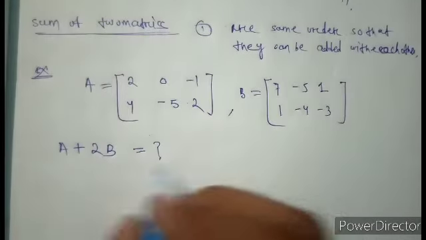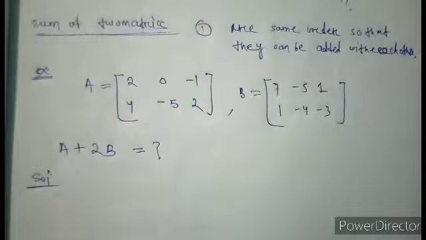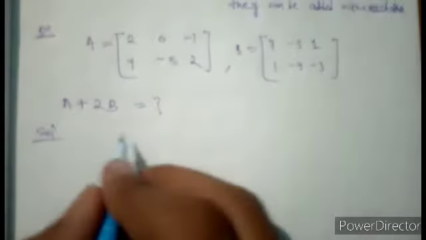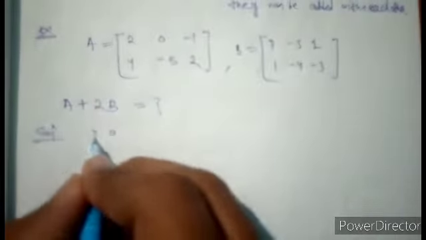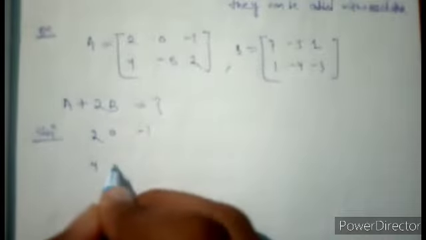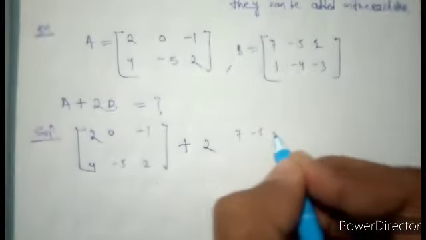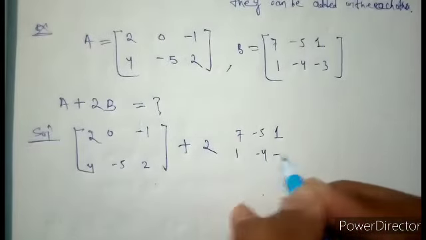So how can we find the solution? We know A is equal to 2 0 minus 1 4 minus 5 2 plus 2 multiplied with B, that is 7 minus 5 1 1 minus 4 minus 3.